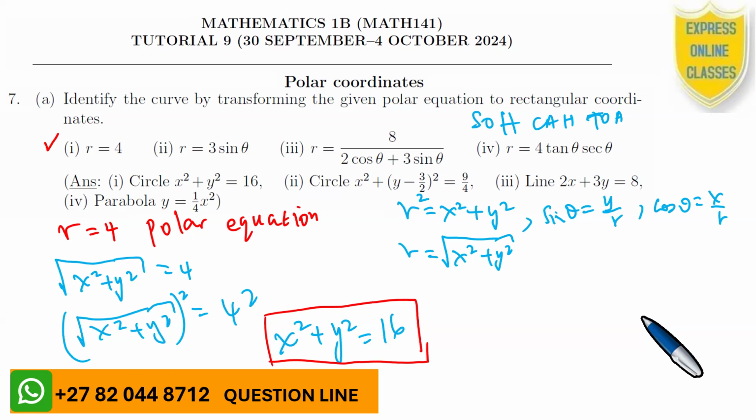So we've been able to convert a polar equation r equals 4 to what you call a rectangular equation.